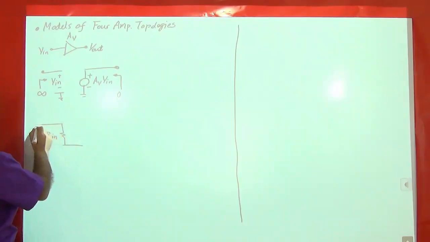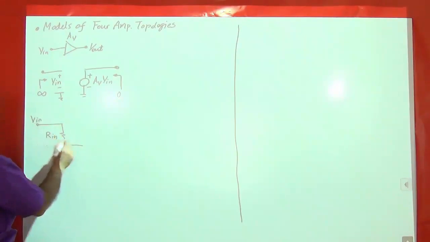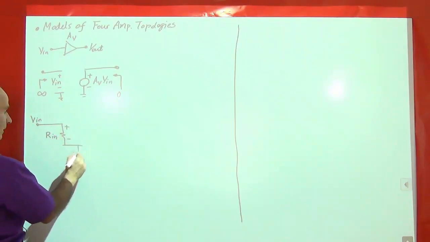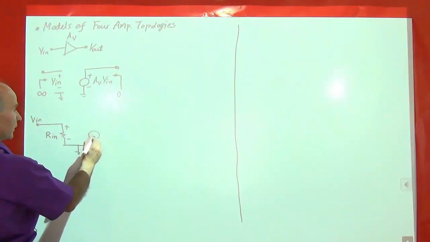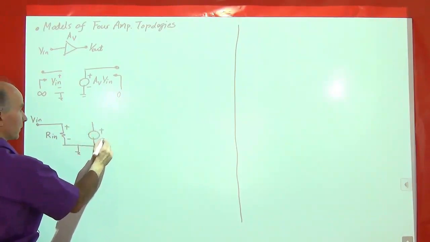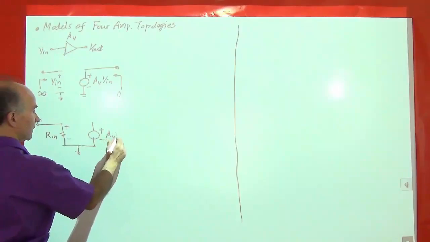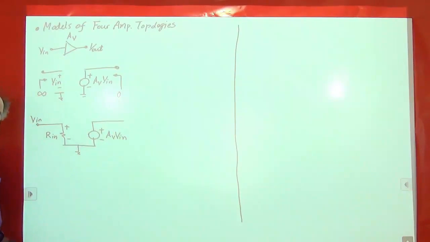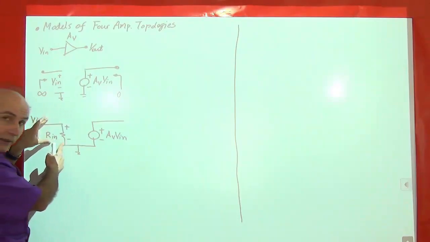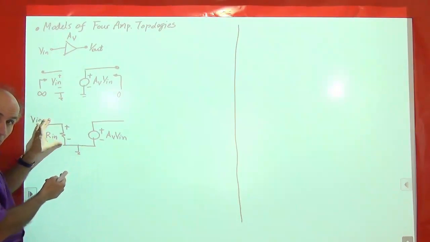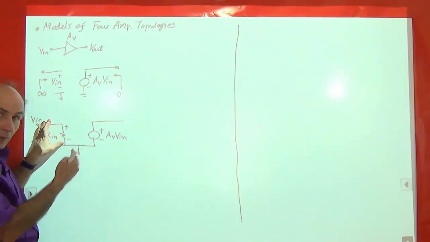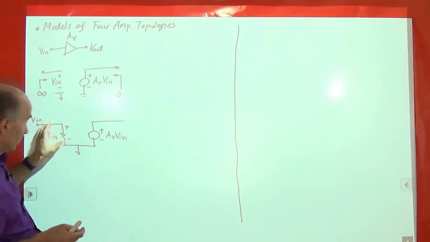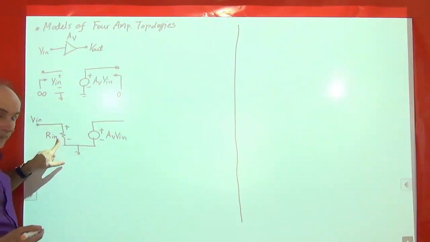And V in is applied here. That's V in. And then the dependent voltage source is here, AV in. And that's the output. So this circuit has an input resistance of R in. You can see that if I apply Vx and I measure Ix, I see R in. So that is the input resistance of the circuit. If the input resistance is 10 kilo ohms, I can pick this to be 10 kilo ohms.